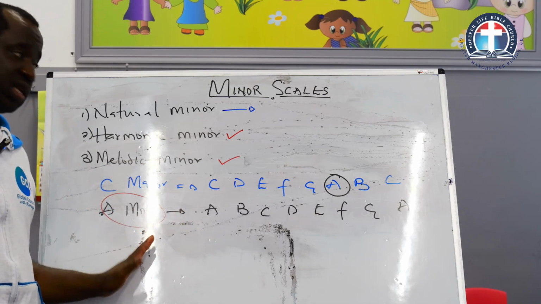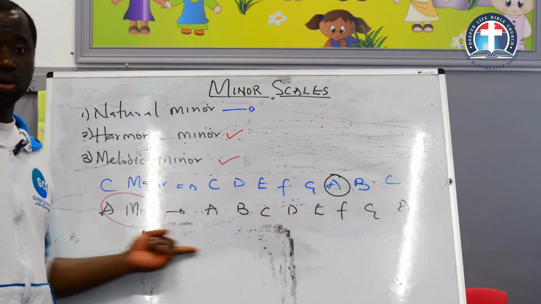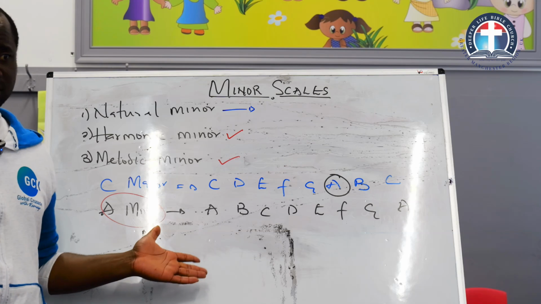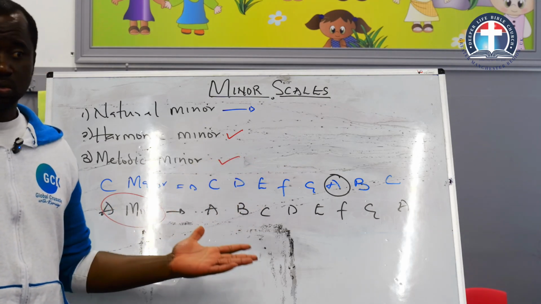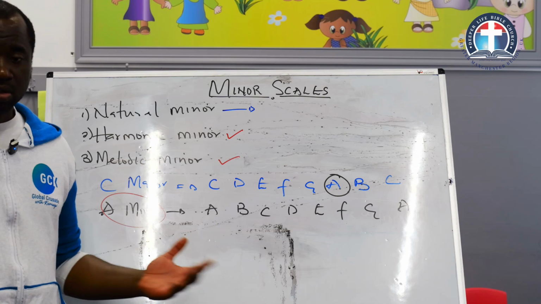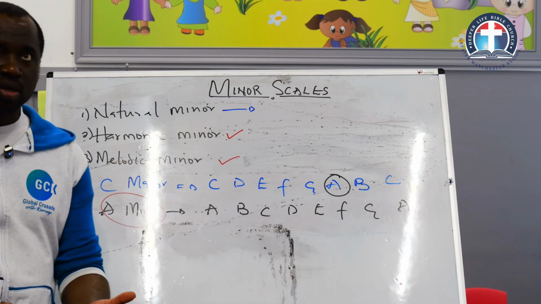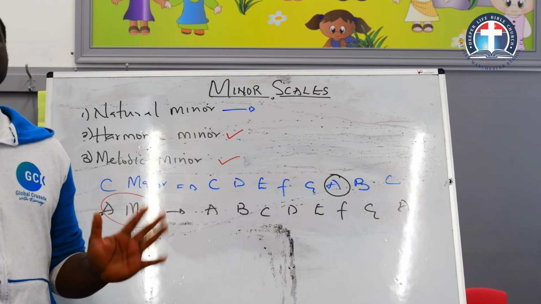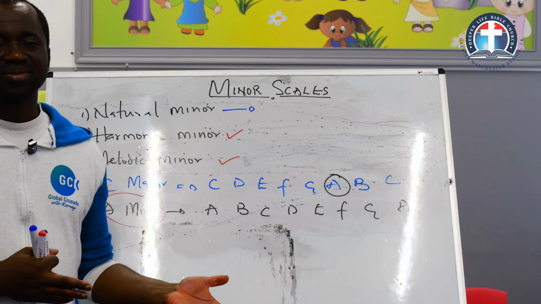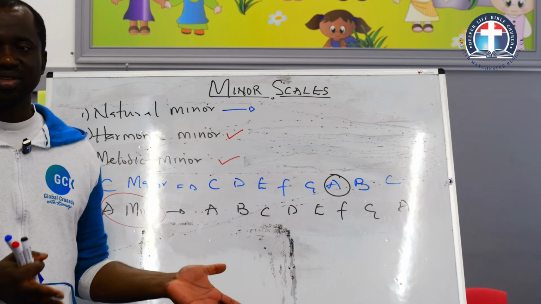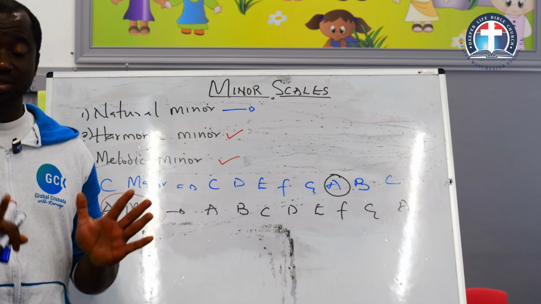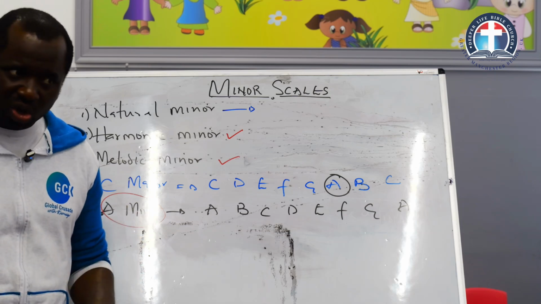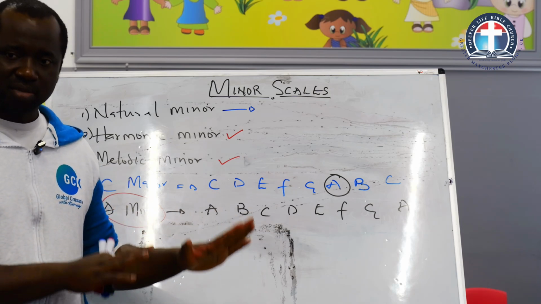If you put this on the stave, you can see that there are no accidentals. So in the key signature, no accidentals. It's using the key signature of C major, which has no accidentals. So when you look at the minor key, what's the key signature? It is the relative major. Whether it's harmonic, melodic, or natural, the key signature is always that of the natural major.